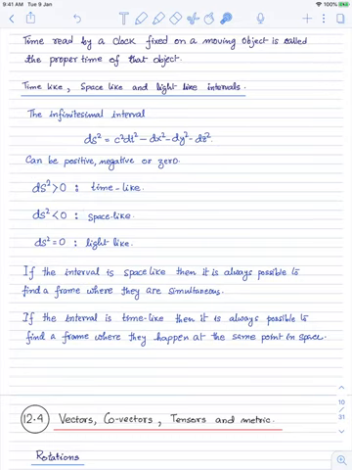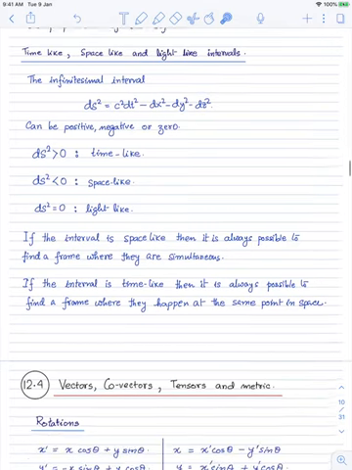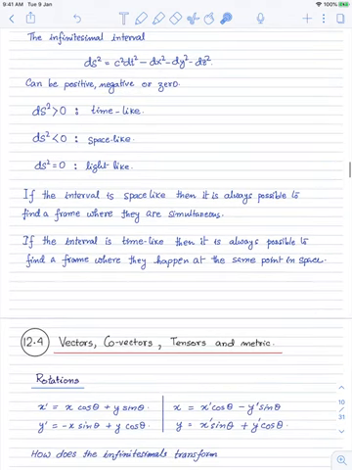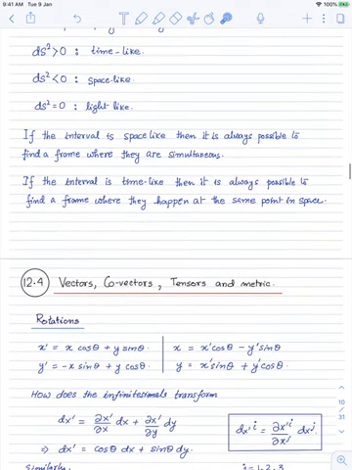Whether two events are time-like, space-like, or light-like is independent of this overall sign convention. These names are very useful to refer to objects. So that was more or less a review of the basics.